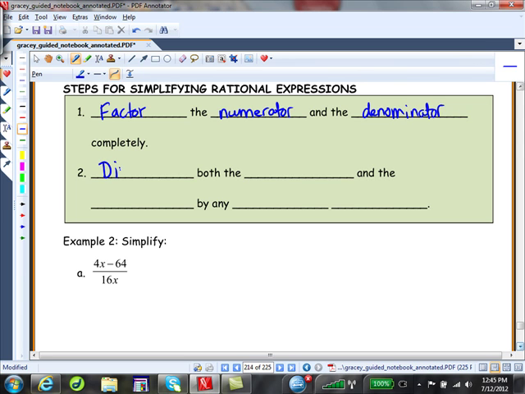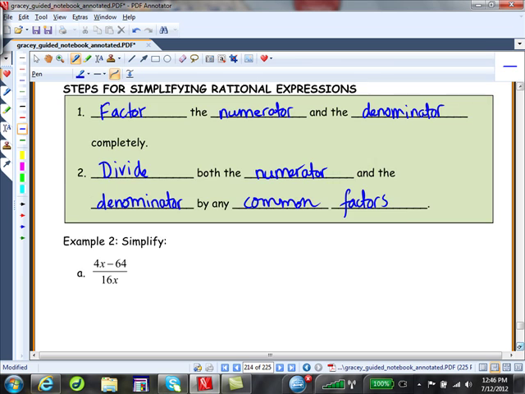Then we divide both the numerator and the denominator by any common factors. Okay?